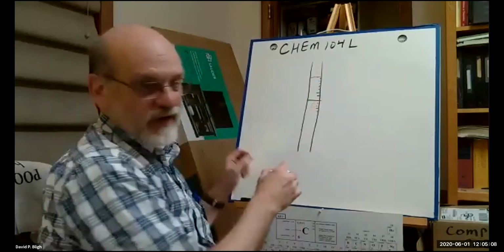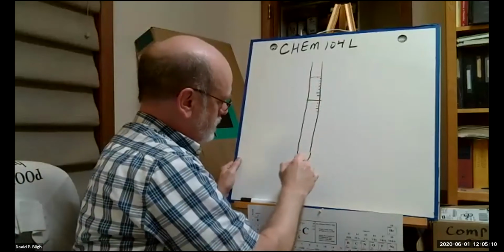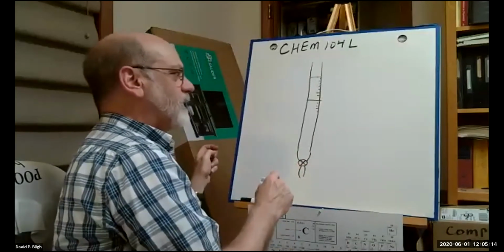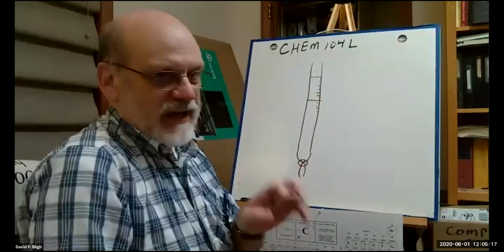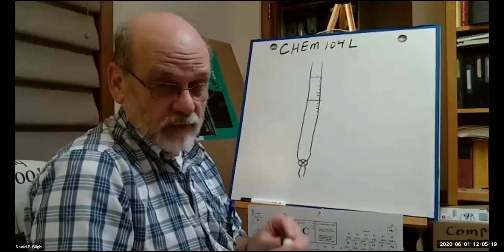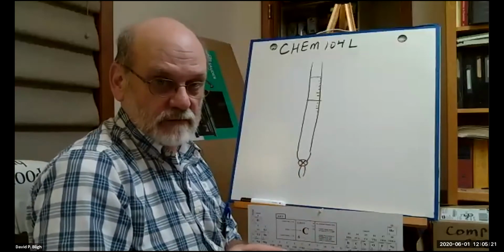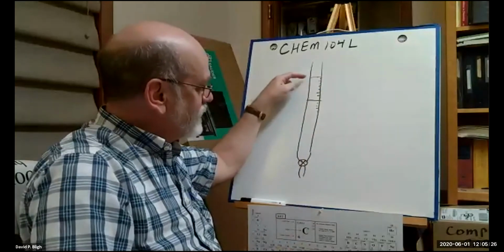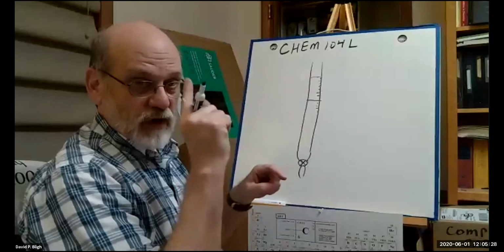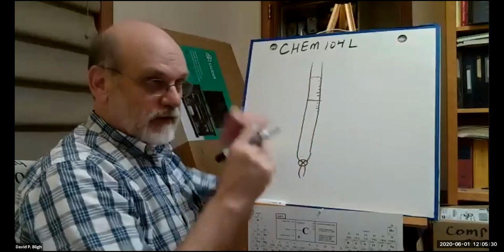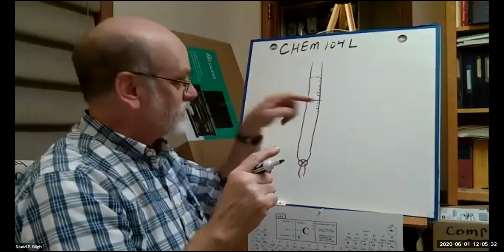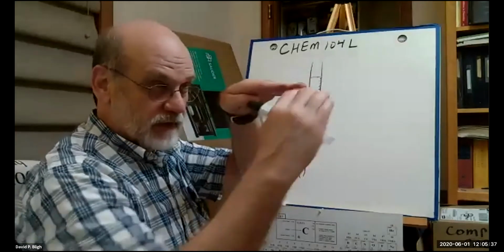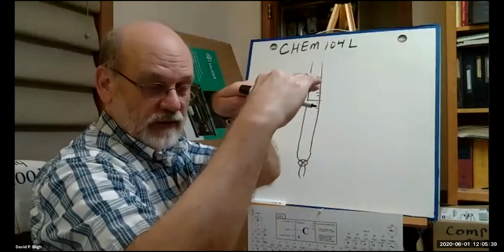Like we did with our burette, it comes down to here, has a valve on it, and then a spout. Where is your eye supposed to be? Remember, when we were using the burette, what did I tell you? The eye has to be level. That's why you have those marks that are all the way around. If you look at your burette and you see 2 lines at that point, that means you're not level with it, because front to back, one should be covering the other.